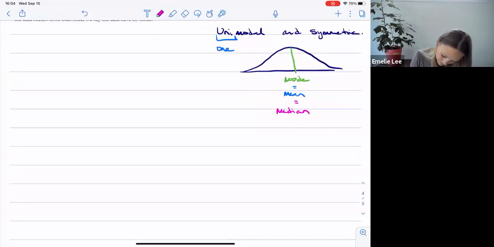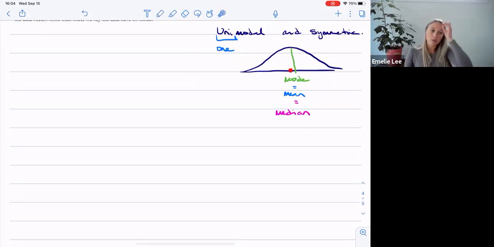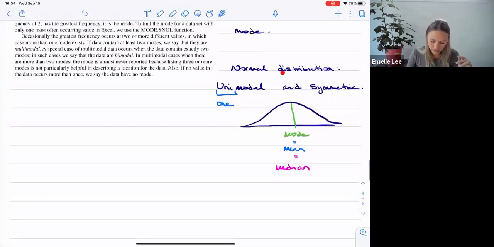Oh, it looks the same, right? And so unique to the normal distribution is that the center is the mode, it's the mean, it's the median, they're all the same.